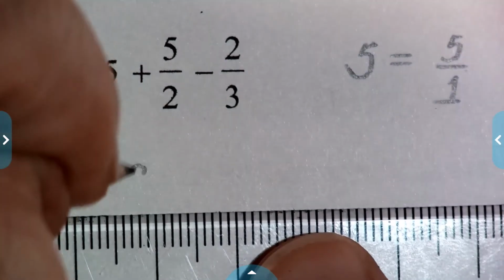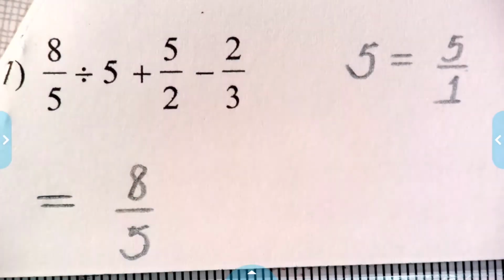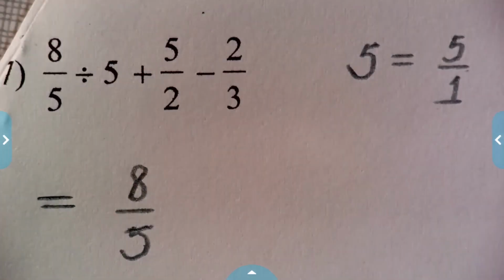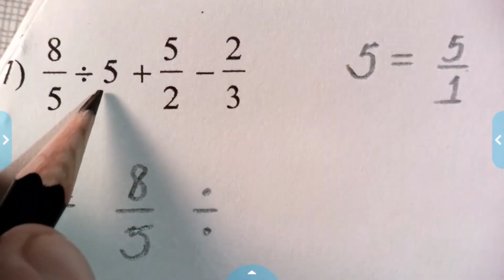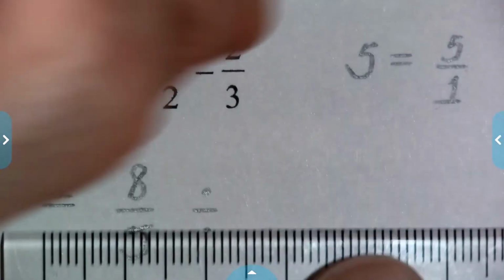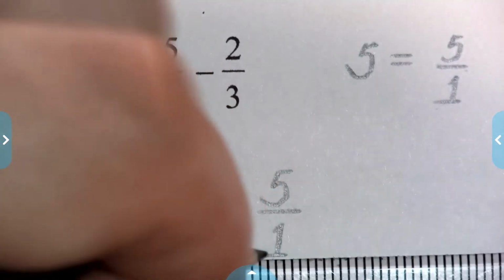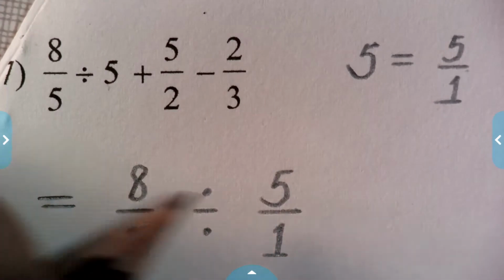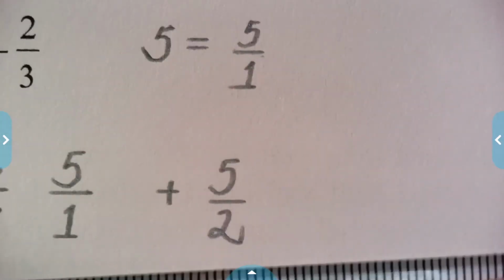I'm going to write 8 over 5, okay, and then there's a division symbol, and then instead of 5 by itself, I'm going to put 5 over 1. And then it wants me to say plus 5 over 2. Minus 2 over 3. Okay, fair enough.